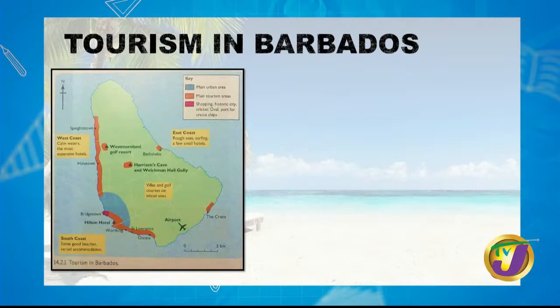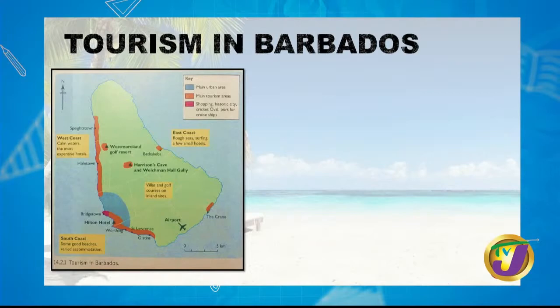Those that are highlighted pink, which is just this small dot in Bridgetown, is where you'll have shopping villages, historic sites, sporting facilities such as the Oval Park. The Oval Park is used for which sport again? Chris Gayle is of what sport? Good. Cricket, good, right? And we also have ports for ships to dock here.